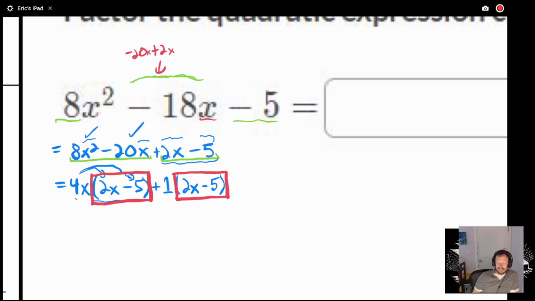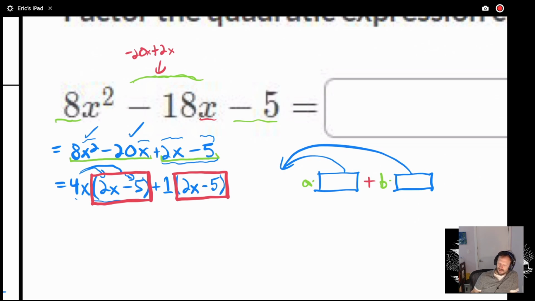And it's like we're saying, just an example, different situation. It's like we're saying we've got A times a blue rectangle plus B times a blue rectangle. Well, the distributive property says that I can take that blue rectangle and pull it out to the front.